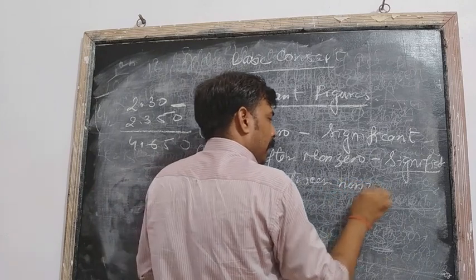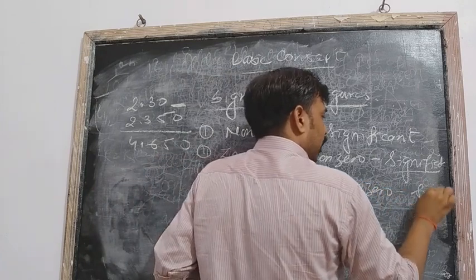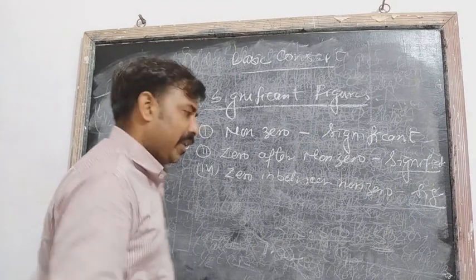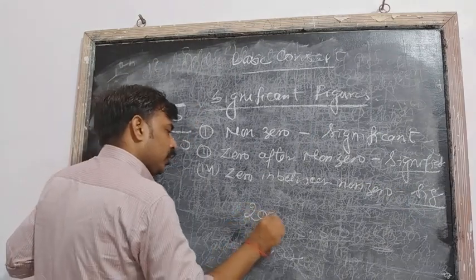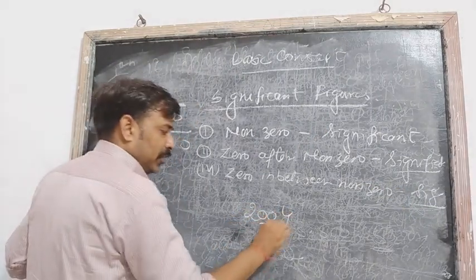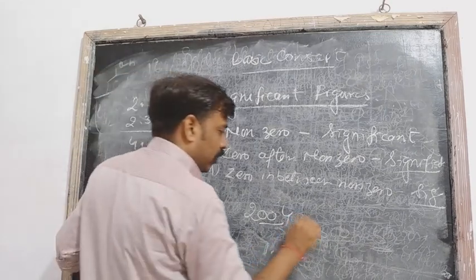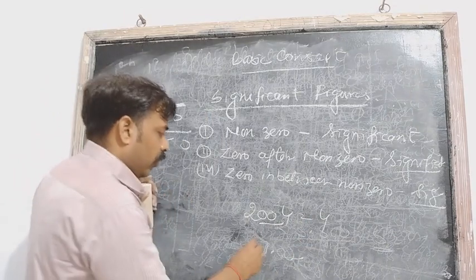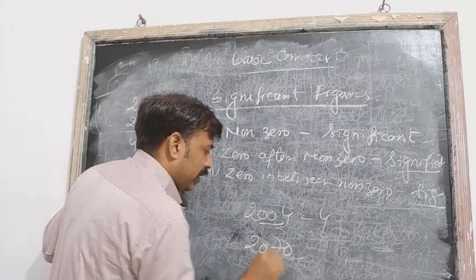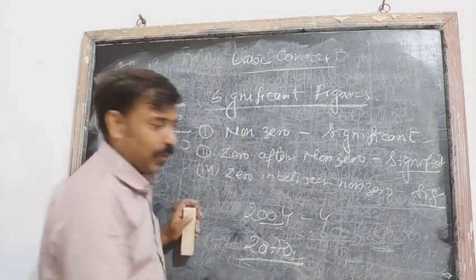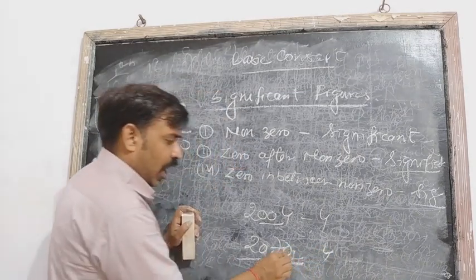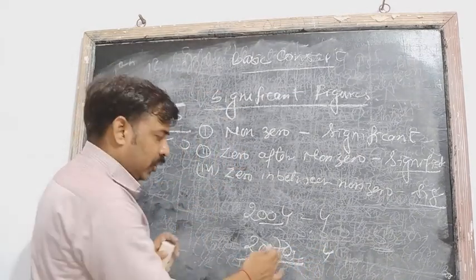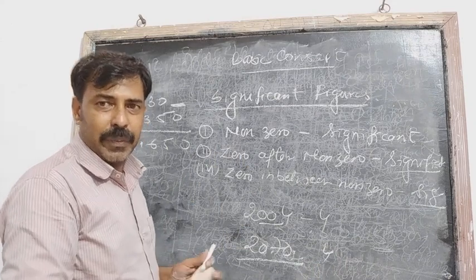For example, if the number is 2004, these zeros will be significant and the total number of significant figures will be 4. If your value is 2070, the number of significant figures will be 4, because the 0 after a non-zero will be significant and a 0 in between non-zeros will be significant.